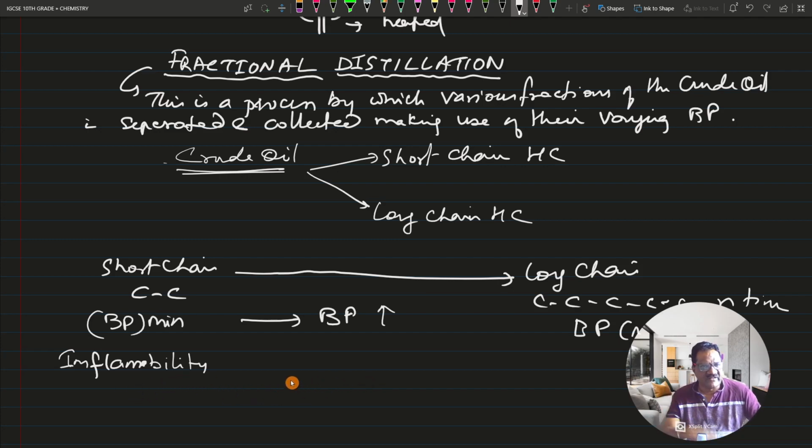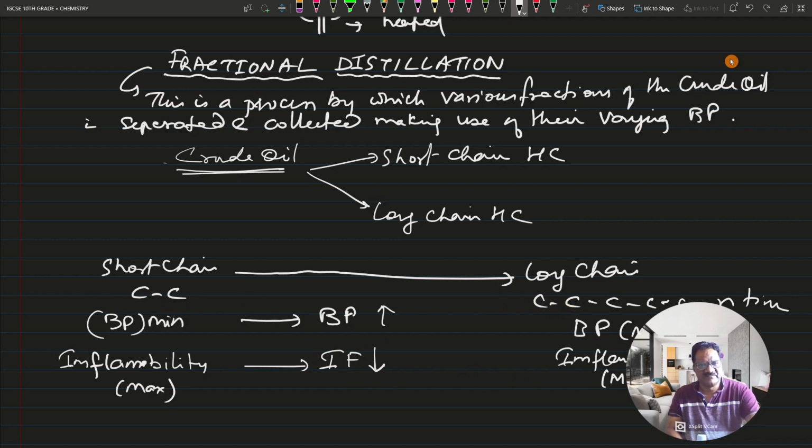So this property, I'll write as inflammability, IF, decreases as you go from short carbon chain to long carbon chain. So flammability here will be maximum for the short chain hydrocarbons, and here the inflammability will be minimum, for the long chain carbon. So inflammability reduces as you go from short chain to long chain.